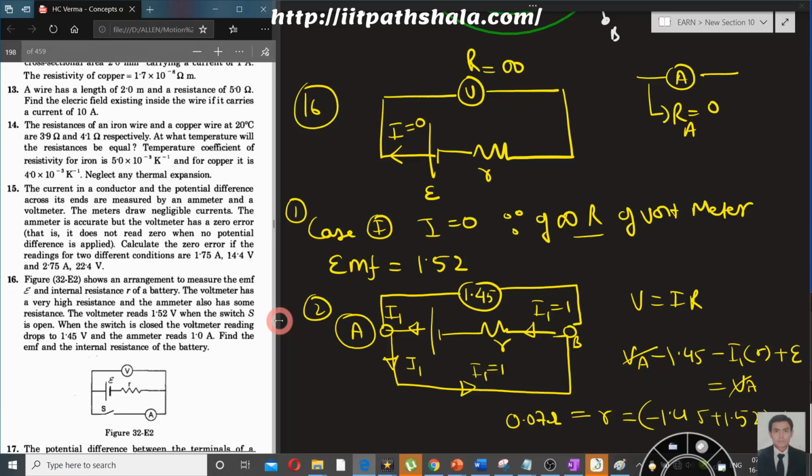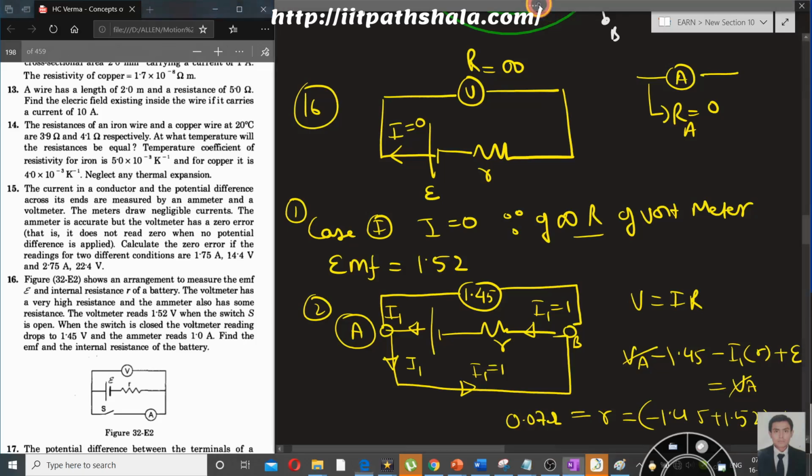Now what you can do over here, to find the EMF, is consider case 1, where you haven't joined the switch yet, so the emitter will not take part in the circuit, so our net circuit will be the upper circuit over here.